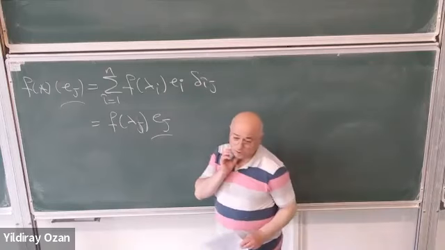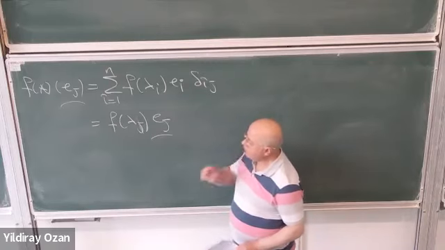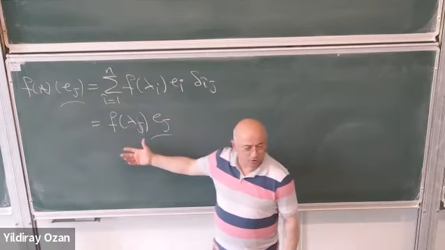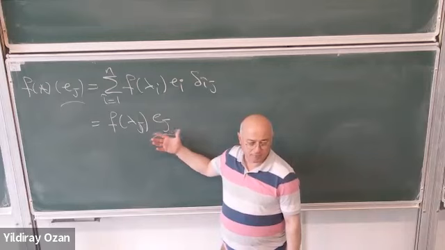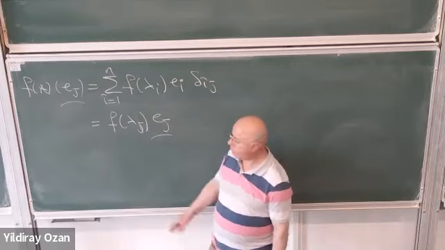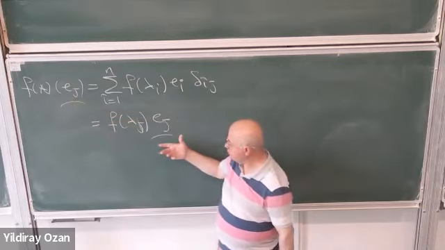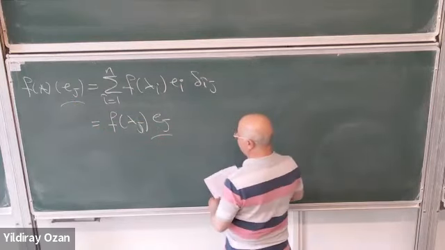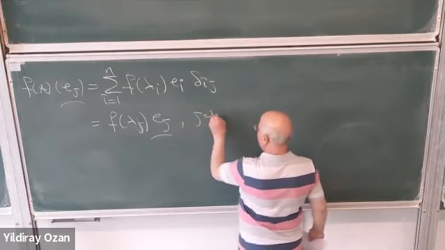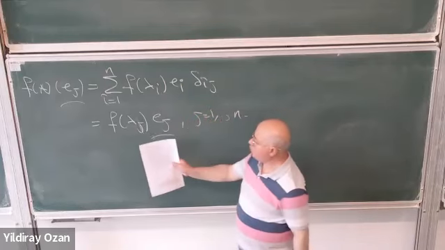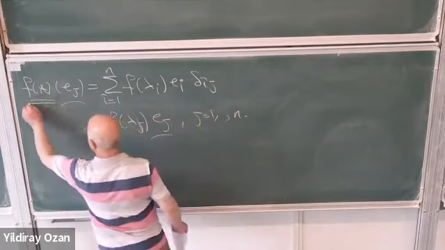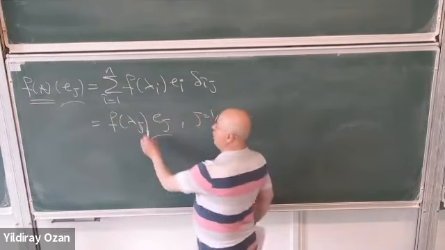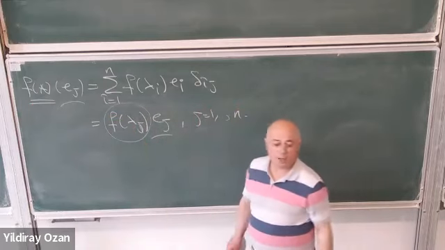In particular, if A is diagonalizable, then f of A is also diagonalizable, right? With the same basis of eigenvectors, right? Because this is just mapped to some multiple of the element. This is true for all j, of course. Therefore, this operator is also diagonalizable, but this time the eigenvalues are just these numbers.